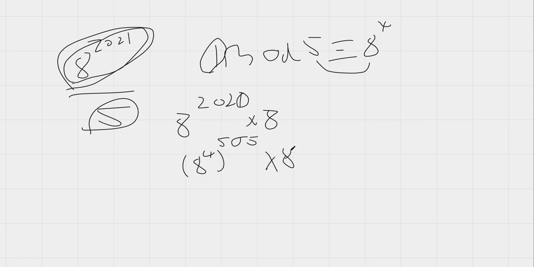And what have we learned with this property? 8 to the 4 is equivalent to 1 under this operation, under mod 5. So we can just substitute 1 into here, 1 to the 505 times 8. And that gives us a final value of just 8, right?